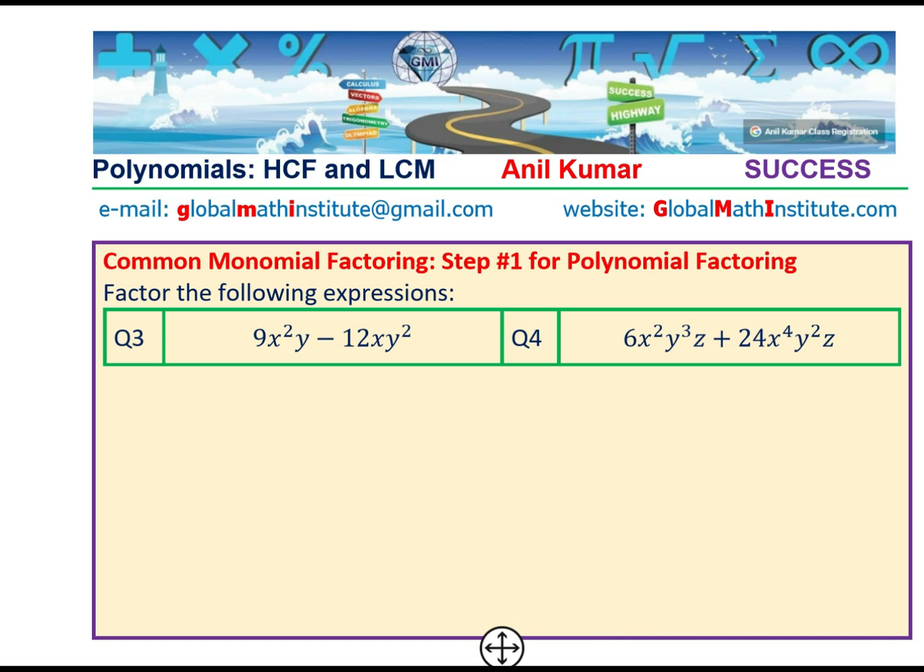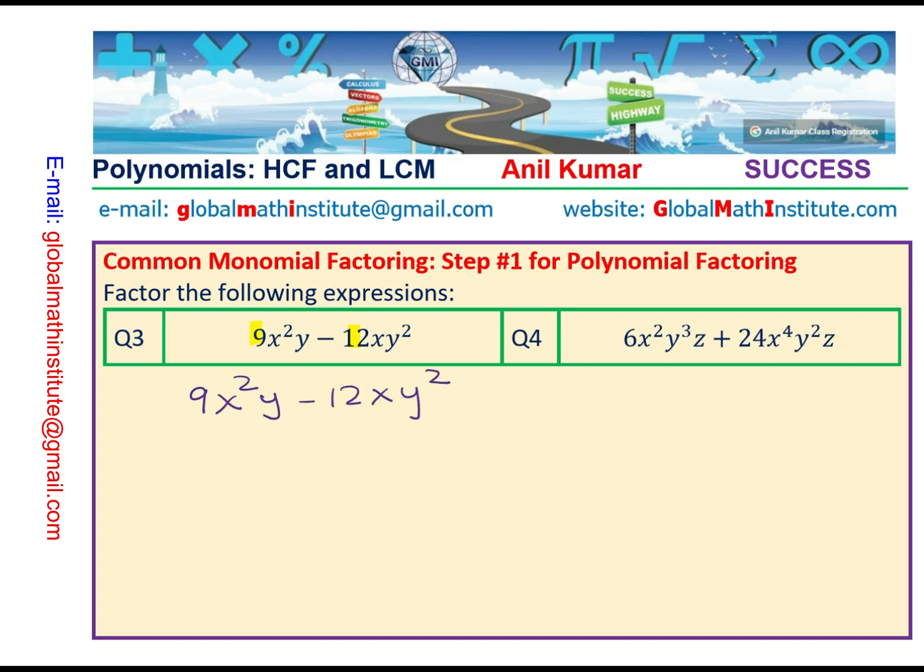This time we have 9x squared y minus 12xy squared. So first thing, you have to look for the constants and then the variables. So let me copy the question, which is 9x squared y minus 12xy squared. So the numbers, 9 is 3 times 3, 12 is 3 times 4, right?